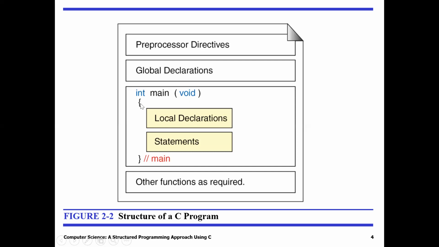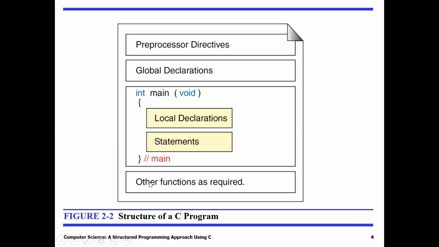And it should have an open curly brace, then the local declarations and any statements: printf, scanf, addition statements, arithmetic operators, logical operators, expressions, whatever we want, given line by line. Each line should end with a terminator. In C programming, the statement terminator is a semicolon. And we close the main function with a curly brace.